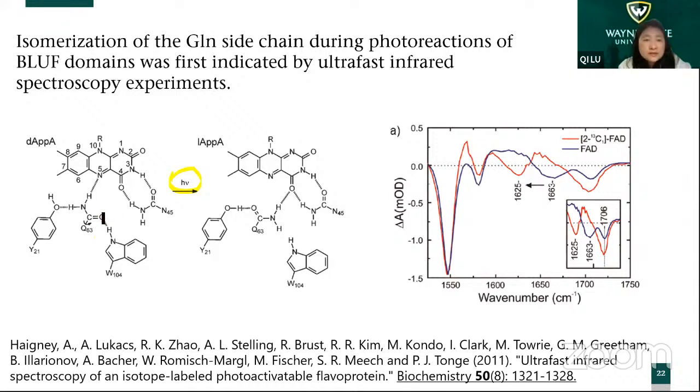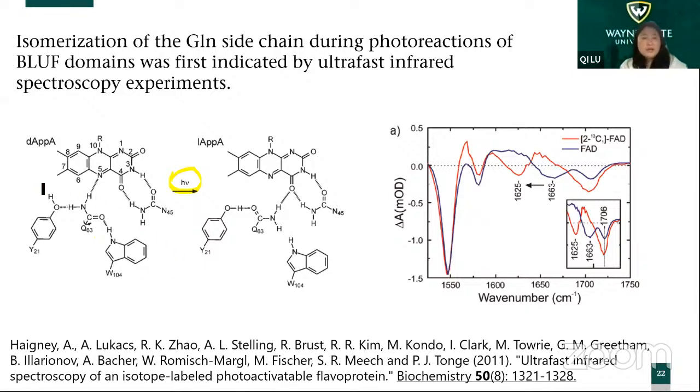We can see that this oxygen will flip to here, and this nitrogen was flipped back here. So the hydrogen bond will be changed. These two parts were separated, and this change will cause the absorption wavelength to change.